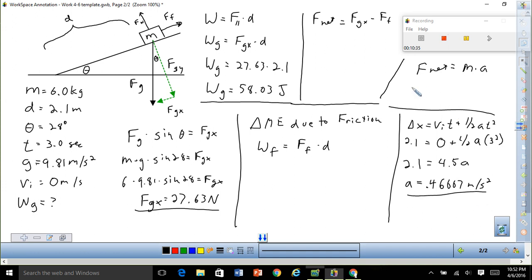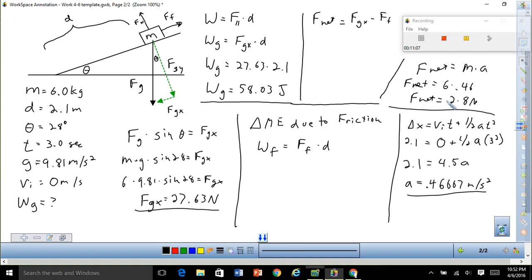Let's bring that up here and substitute that in. Our mass is 6. Our acceleration from below is 0.46 and some change. Go to the handy-dandy calculator and multiply those out, and you end up with an Fnet of 2.8 newtons.